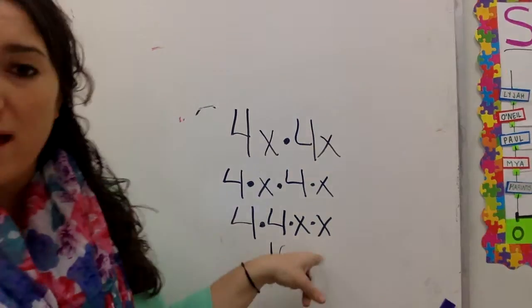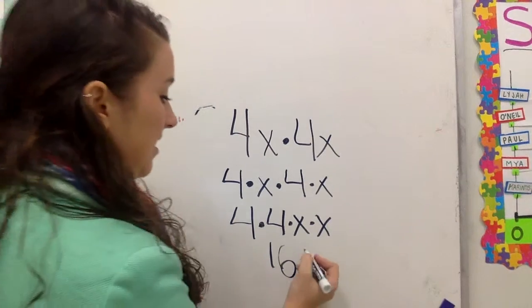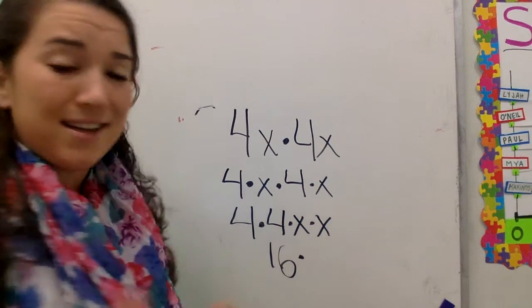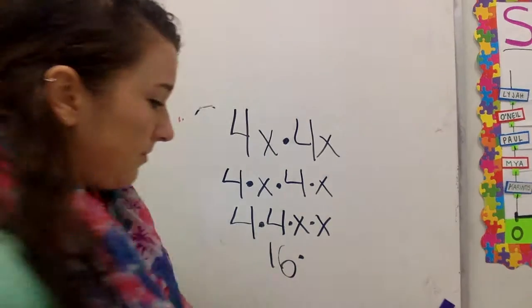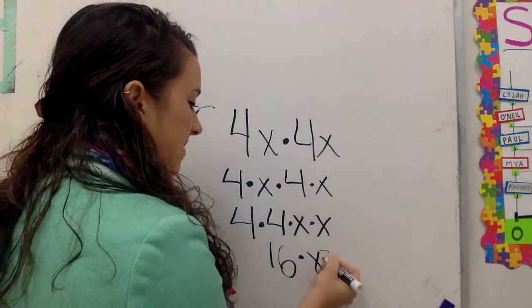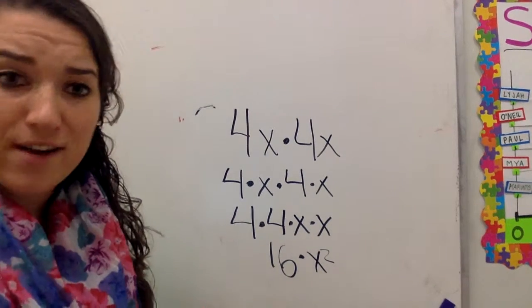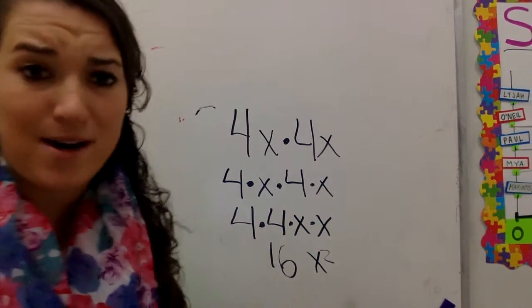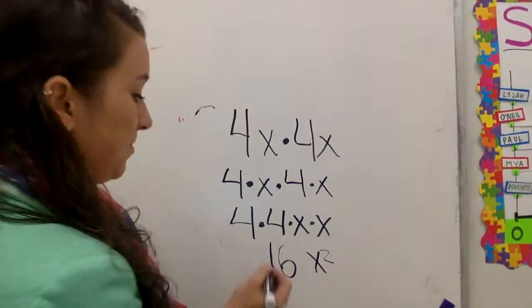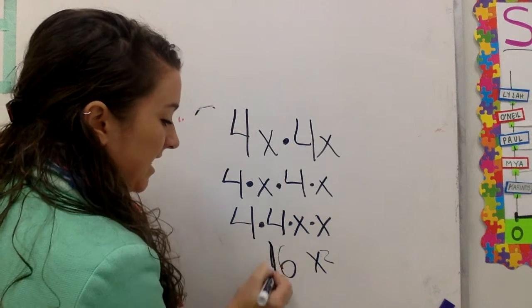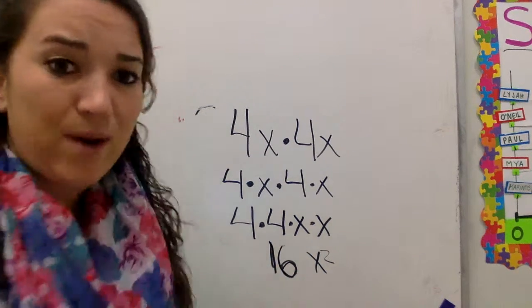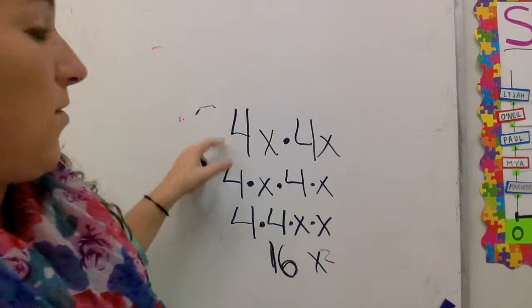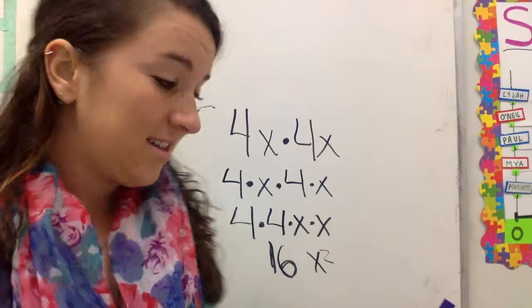And then we're multiplying 16 times x times x, it's x squared. So 16 times x squared. So if I simplify this even further by just getting rid of this multiplication sign, because I know a number next to a variable means multiplication anyways, I'll have 16x squared is the same as 4x times 4x.